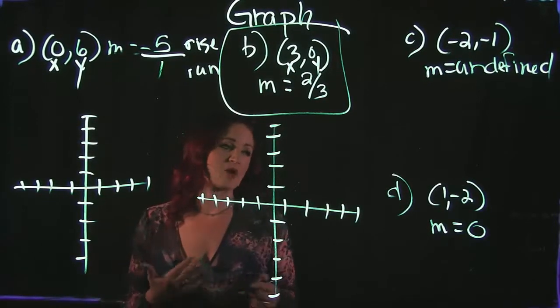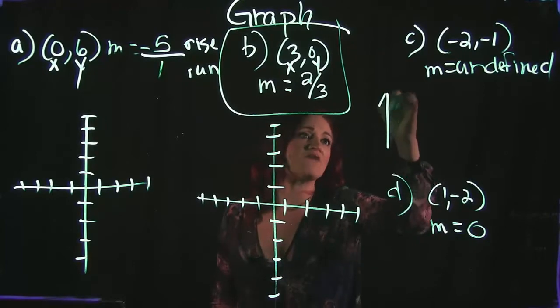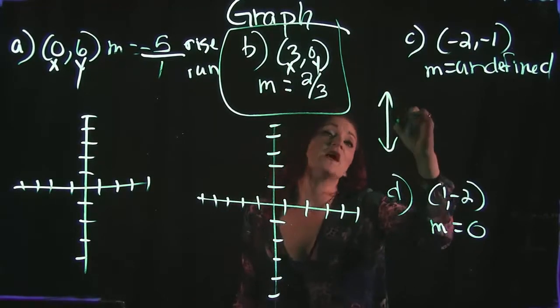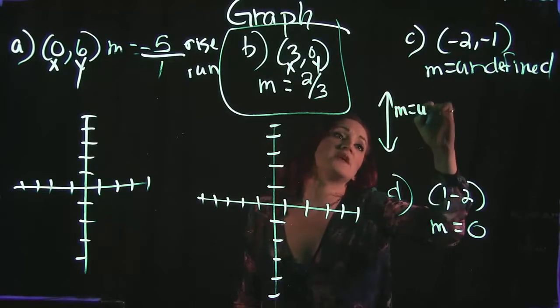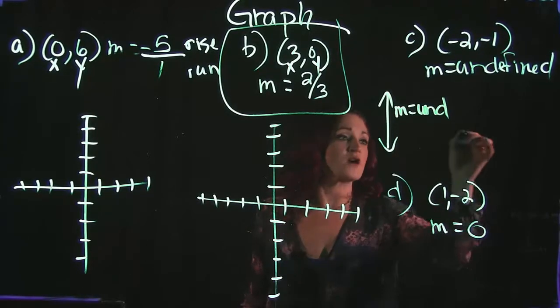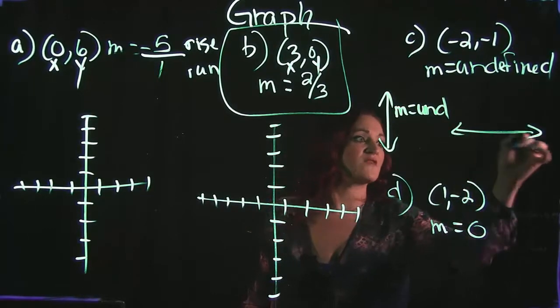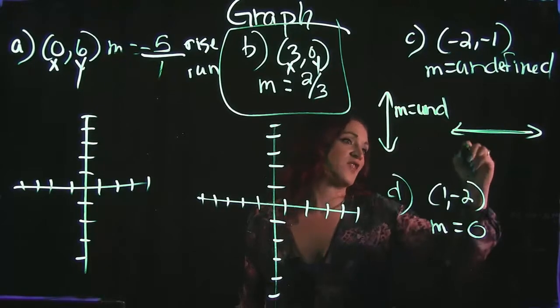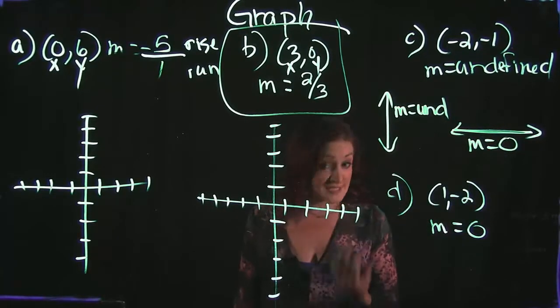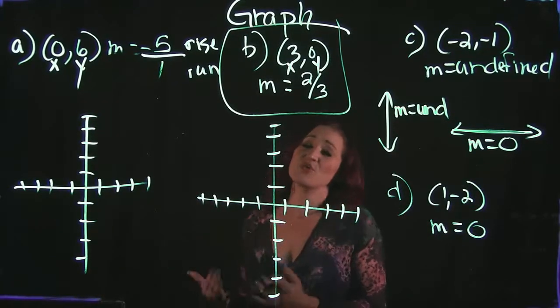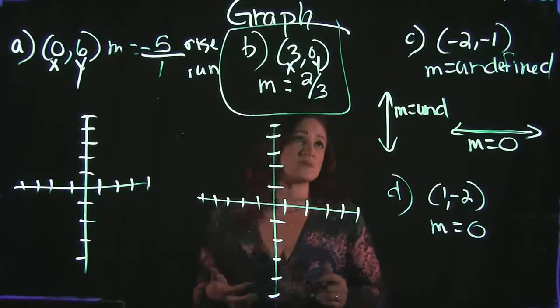So just a little background about it. If you have a vertical line, the slope is undefined. Our other special case is a straight horizontal line like this, and that slope is 0. You have to know that in order to do these problems.